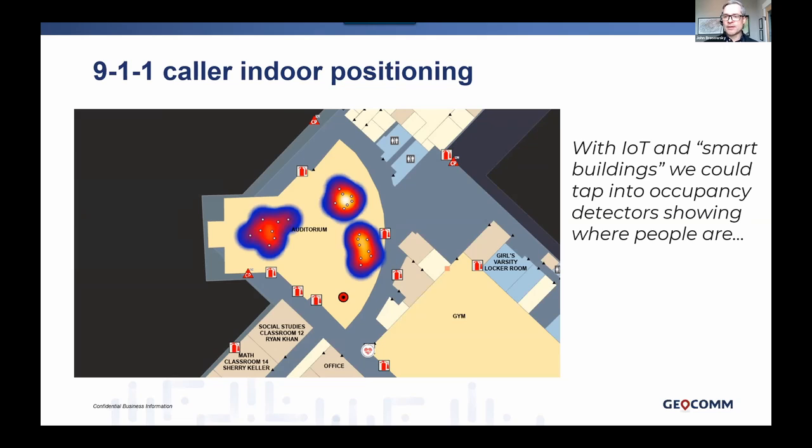As we look at other new and emerging technologies, IoT is a buzzword right now, but it's real. It's about tapping into sensors and alarms and things like that inside buildings. This screenshot depicts occupancy sensors that are giving counts and locations of people inside of a room, which could be very useful tactical information during an emergency response.